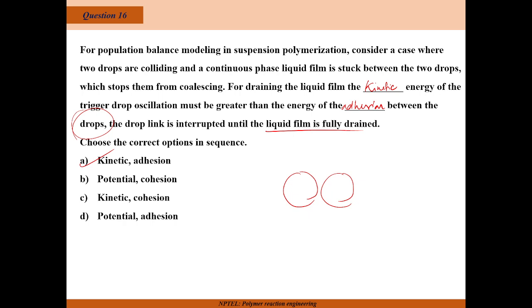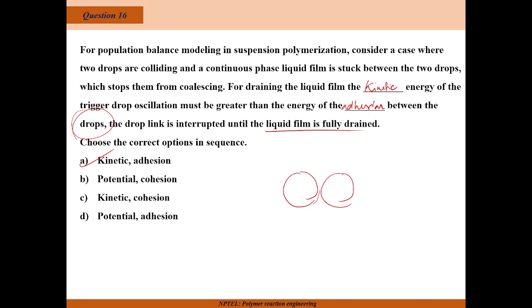We saw this kind of thing in our previous question itself. The drops come together, and when they collide, some kind of liquid film forms in between for a small duration of time, and that should drain out. That film is stopping these drops from coalescing. Coalescing is basically coming together.